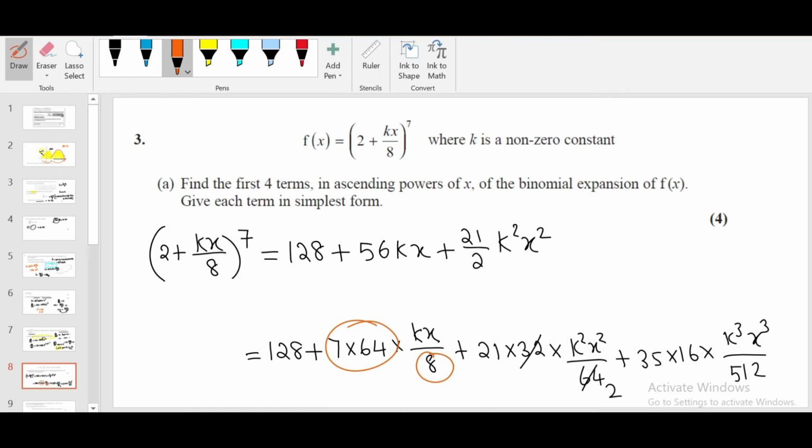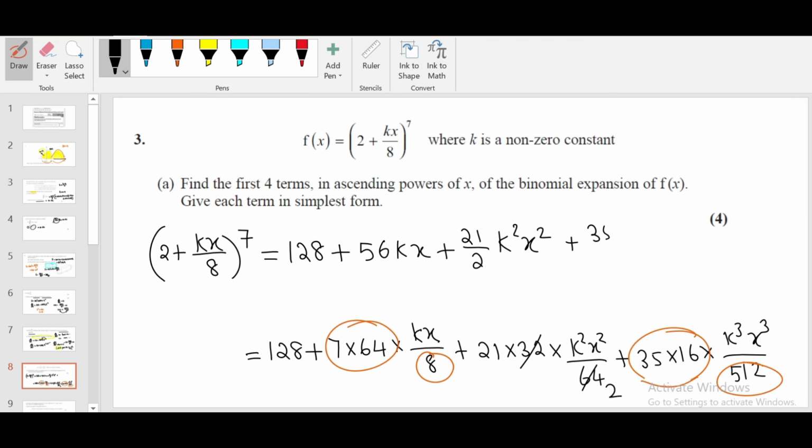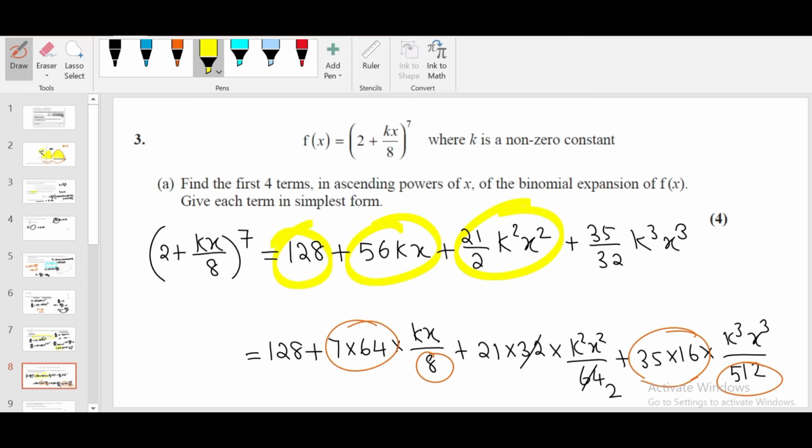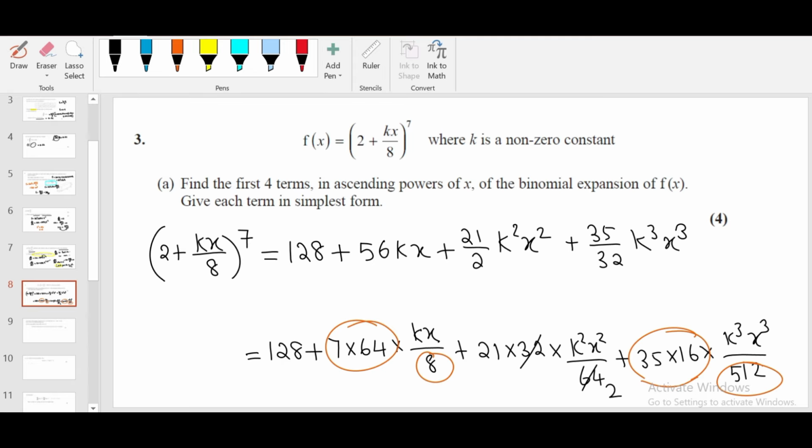And then here you simplify this: 35 times 16 divided by 512. You will get 35 over 32 k cube x cube. That's the most simplified form actually. So we got 4 terms already, 1, 2, 3, 4 terms. That's all. Now let's move on to part B of this question.